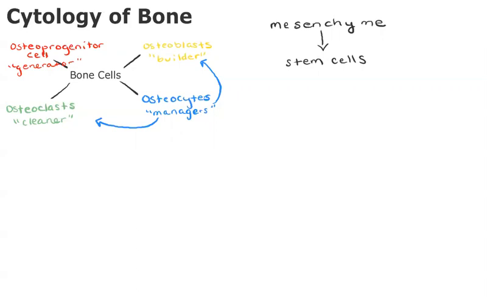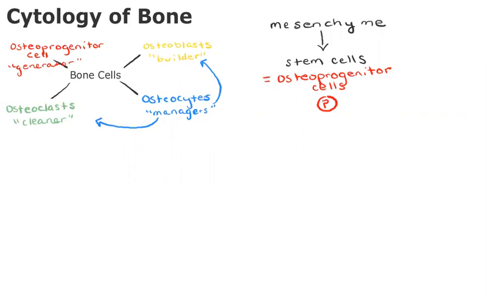And our stem cells for our bones are going to be called osteoprogenitor cells. So the mesenchymal tissue just becomes stem cells, specifically osteoprogenitor cells. And we're going to draw the osteoprogenitor cell like this with a P in the middle.